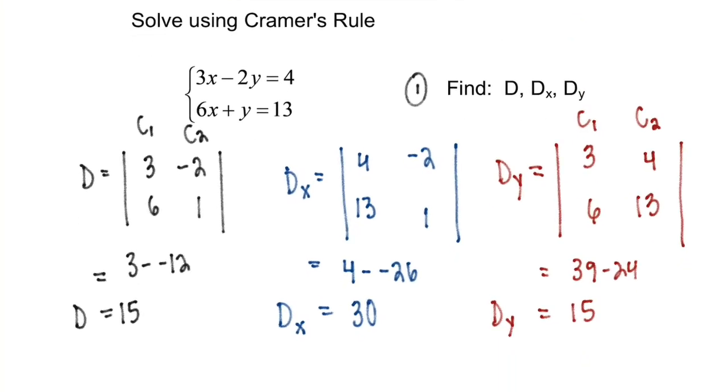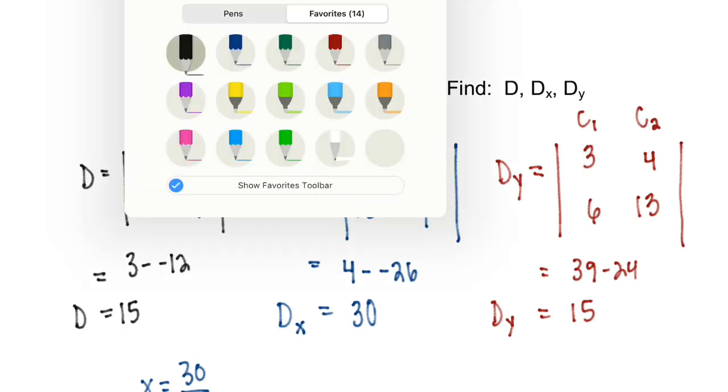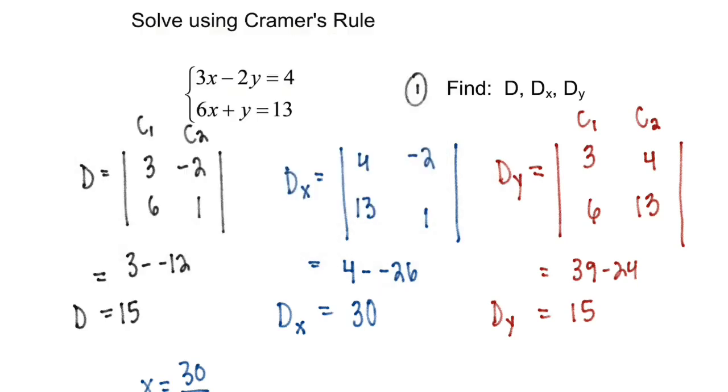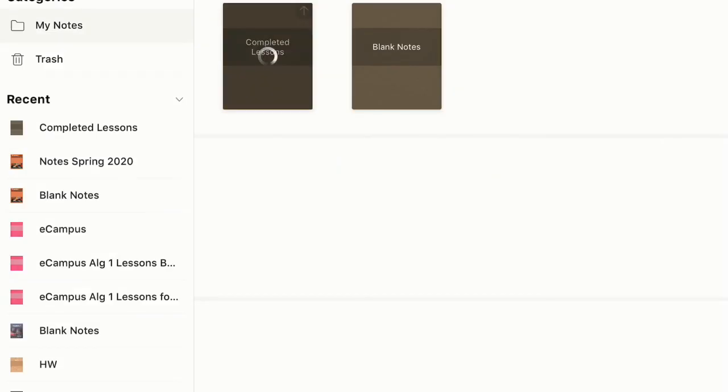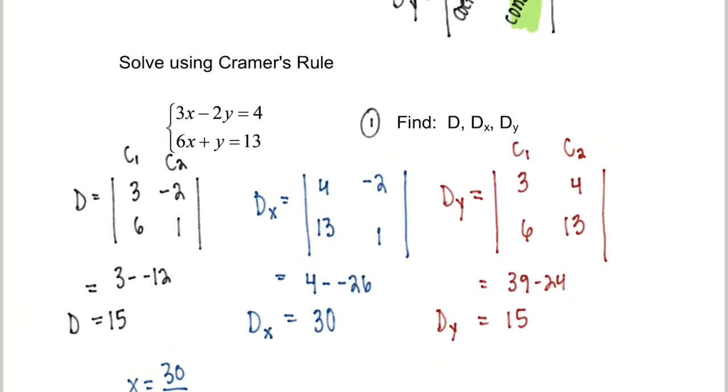Now what does x equal? x equals 30 over 15, which is 2.